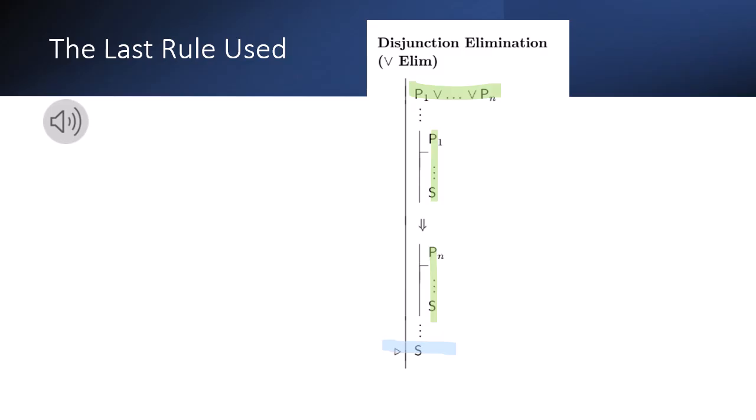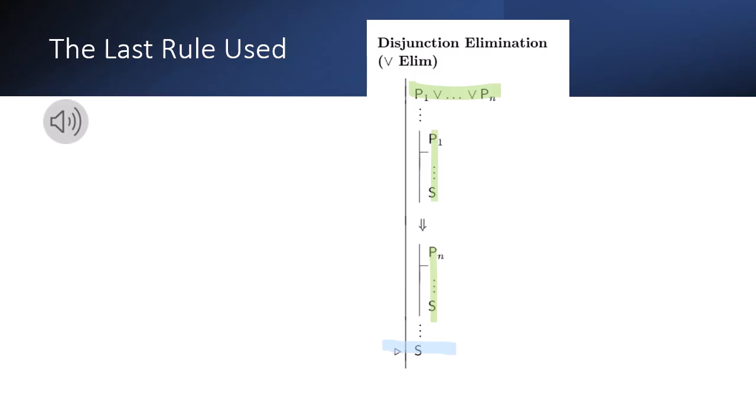And every line of that subproof would be a tautological consequence of the assumptions in force at that particular line. Now, when we started that particular subproof, we placed a Pi at the very top to indicate that it was a temporary assumption in that particular subproof. But because of what we know about the first line, that there is this Pi that's actually true, that temporary assumption can be made to be actually just true.